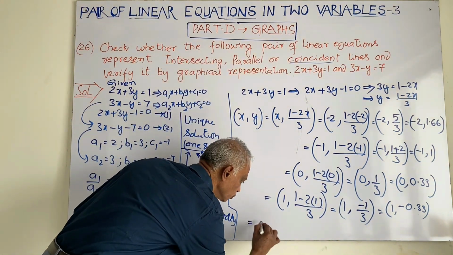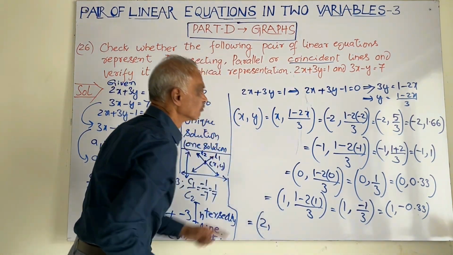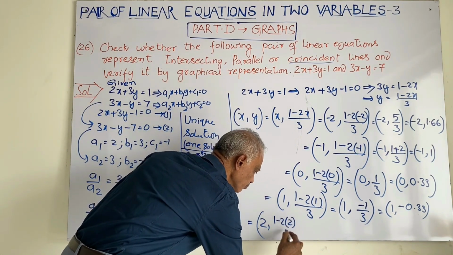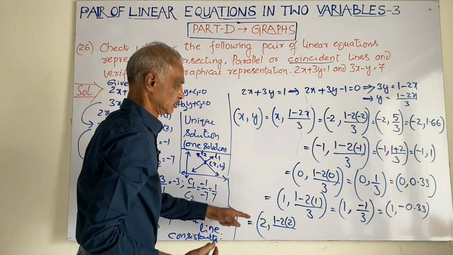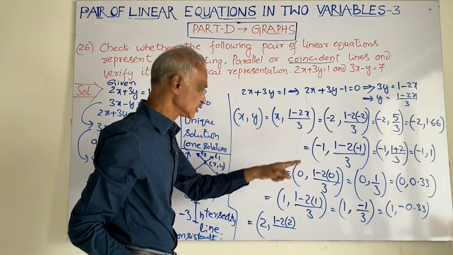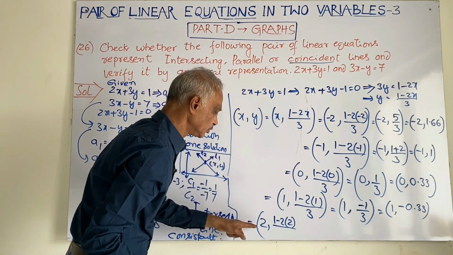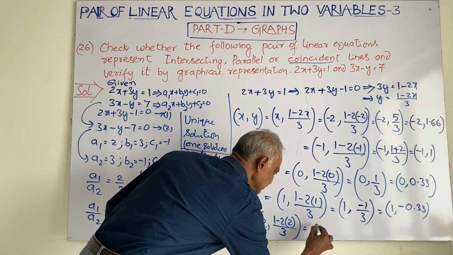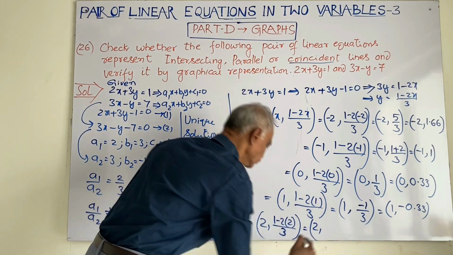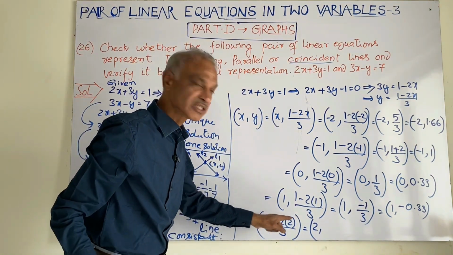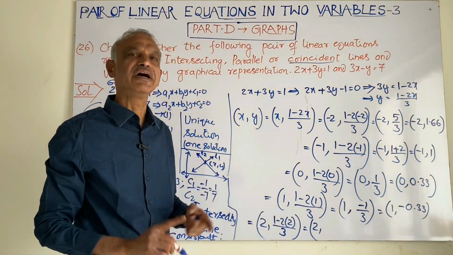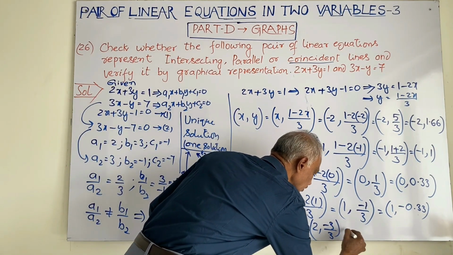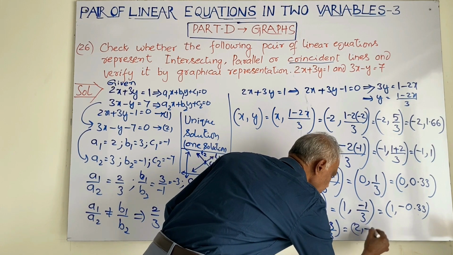Last I will take 2. I have taken minus 2, minus 1, 0, 1 and 2. 2 comma, 1 minus 4 by 3. 1 minus 4 means minus 3, minus 3 by 3 is equal to minus 1.